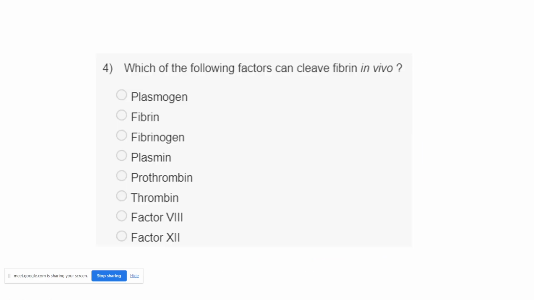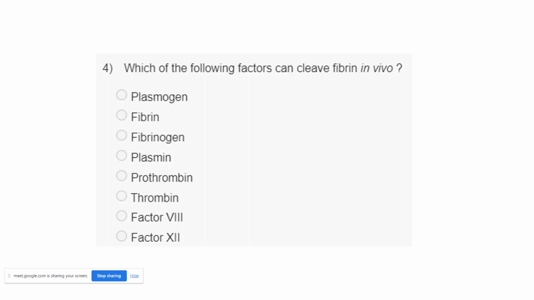Okay, next question. Which of the following factors can cleave fibrin in vivo? Plasminogen, fibrin, fibrinogen, plasmin, prothrombin, thrombin, factor 8, or factor 12. Plasmin. Fourth option, plasmin.